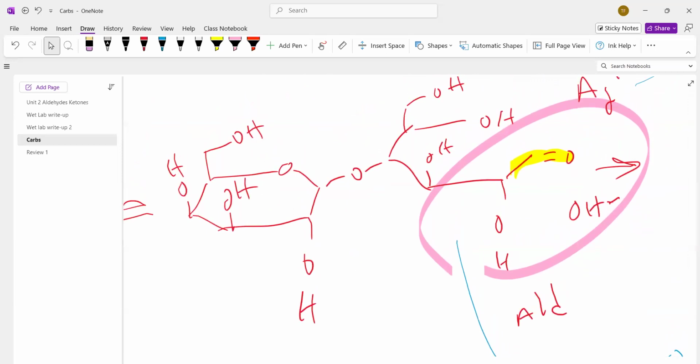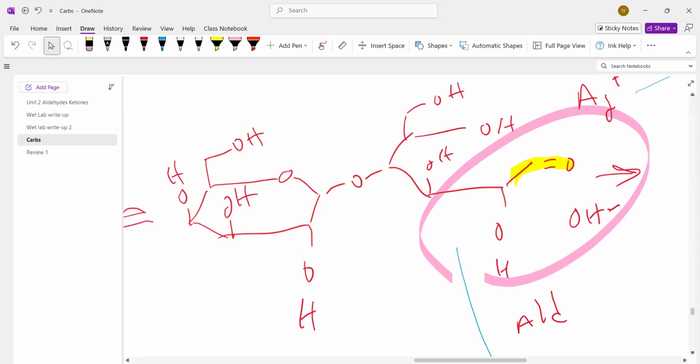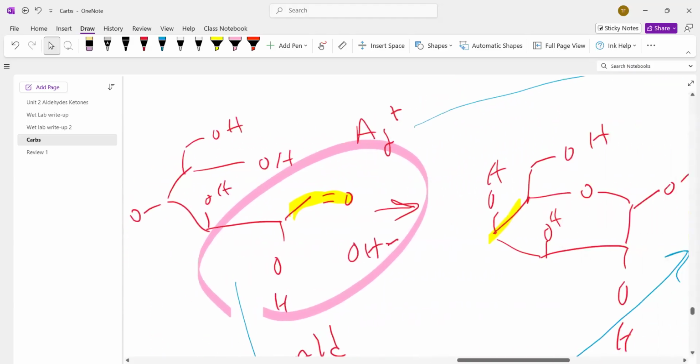Aldehydes are readily oxidizable to an acid unless it's a basic or alkaline solution, in which case you end up with the salt of the acid rather than the acid itself. And then whatever agent is the oxidizing agent is reduced.